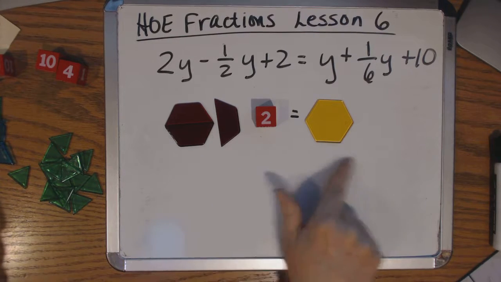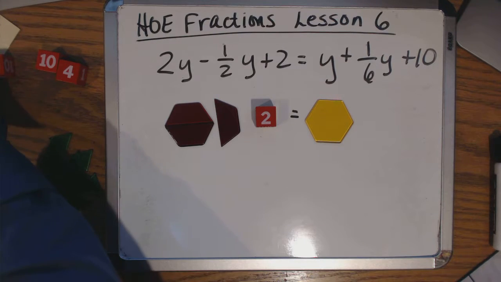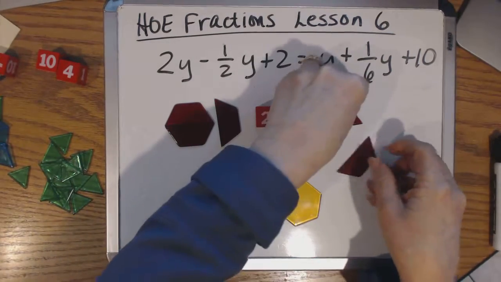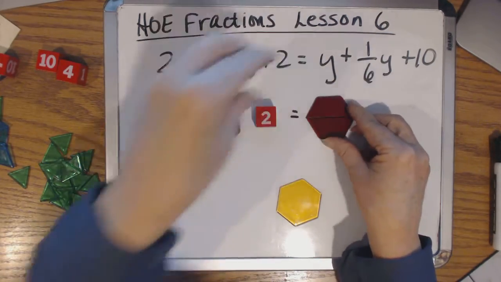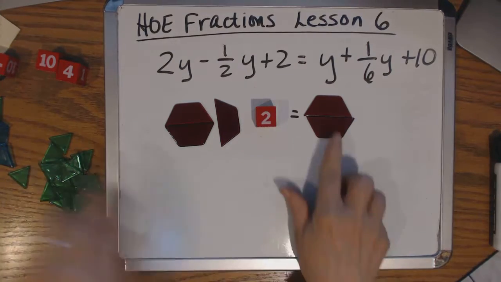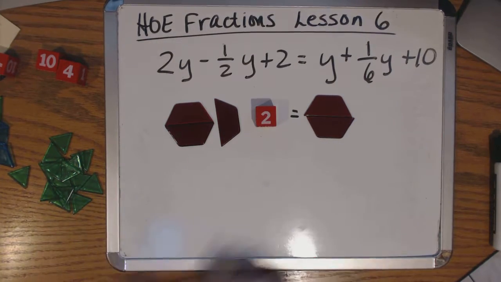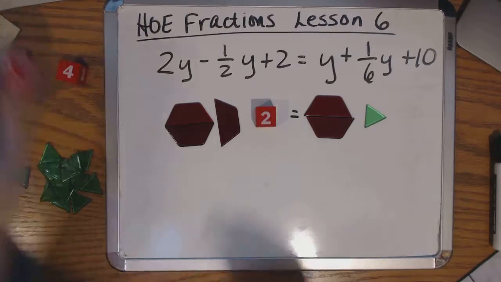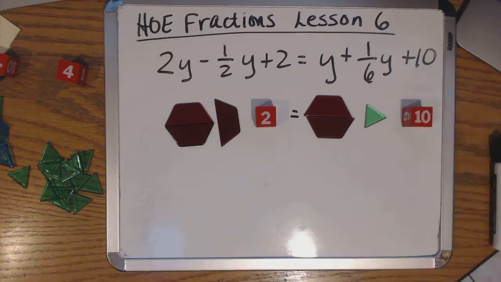And if I notice I'm going to be taking something away, why not just put my whole y as being 2 halves of y? It'll be a little easier to see what I'm going to be doing to subtract those, plus a 1/6 of y, plus a 10. So there's my modeling.